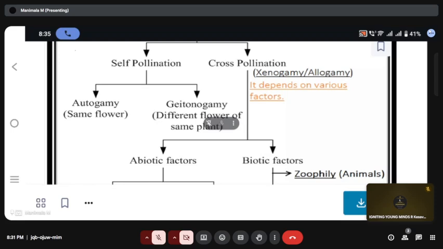In cleistogamous flowers, the dehiscence of anther takes place in the bud condition itself.